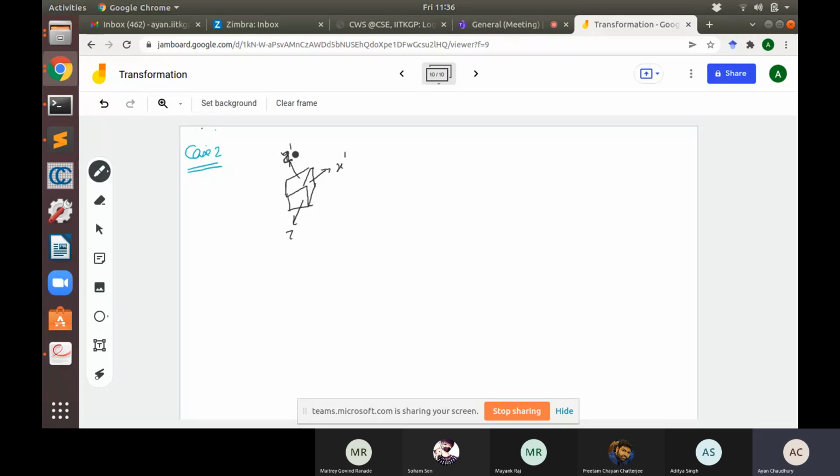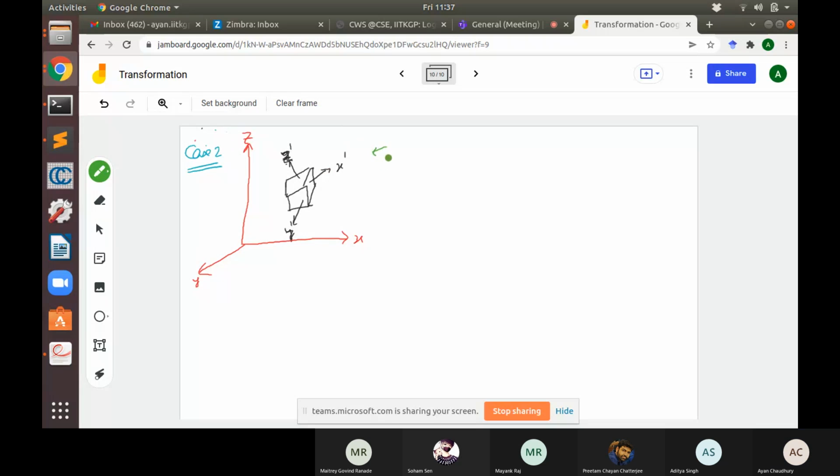This one I use as z prime because most people's convention is z upwards for this case, but you can use other conventions as well. And your original coordinate system is something like this: x, y, z. This is basically a special case.